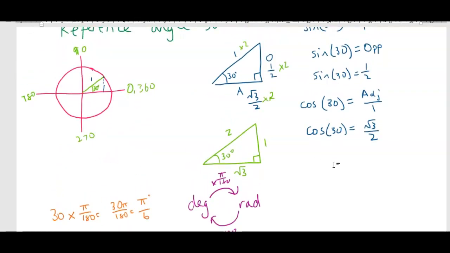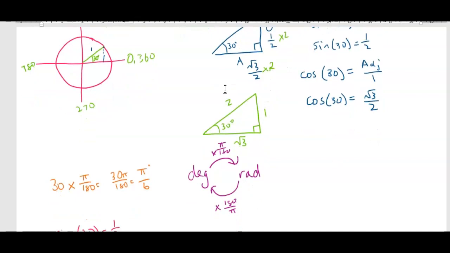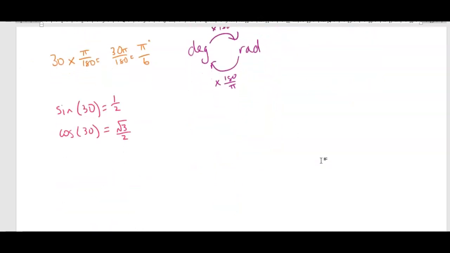And if you're ever unsure, we just use this green triangle, which I might just put in a little bit of a box. Okay, so remember cos is adjacent over hypotenuse, so you can see in this green triangle that I've just put in a pink square, the adjacent side is root 3, your hypotenuse is 2, so root 3 on 2.